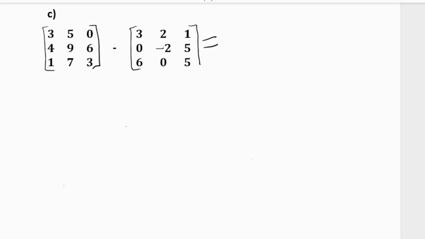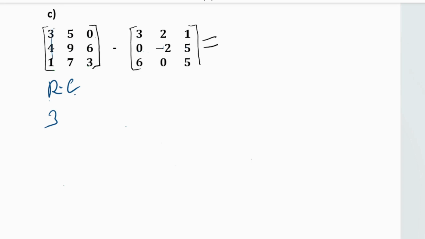So we can also try this one here. The first thing we have said is to determine the order of a matrix so that we know if they are compatible. The order of a matrix is RC, number of rows multiplied by number of columns. If we count the rows of the first matrix, it will be 1, 2, 3, so there are 3 rows.